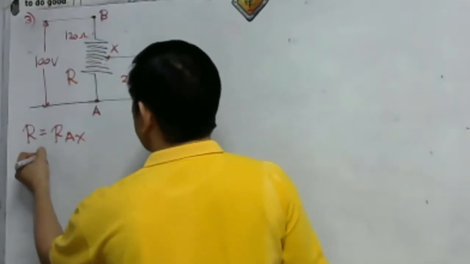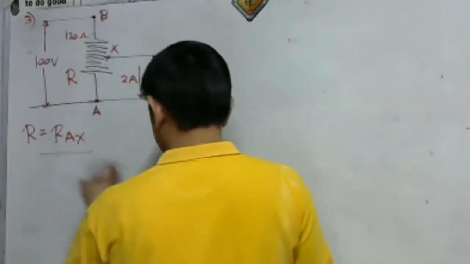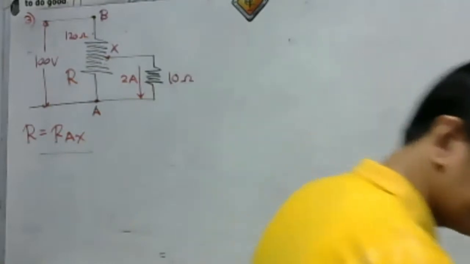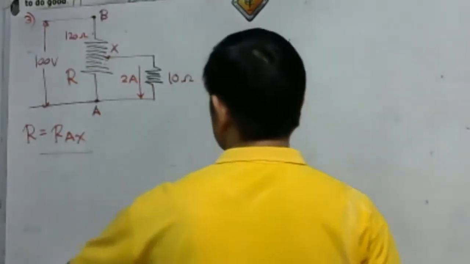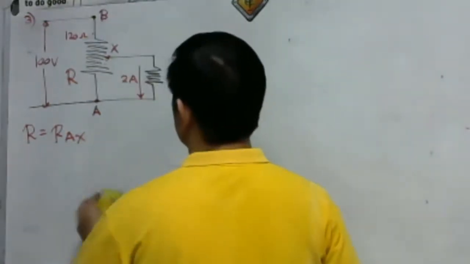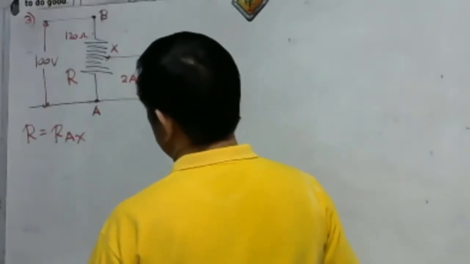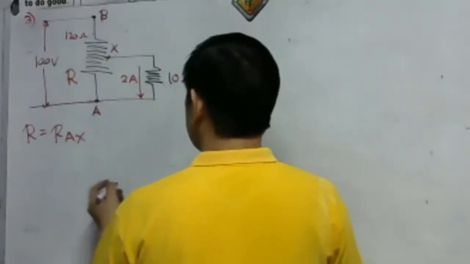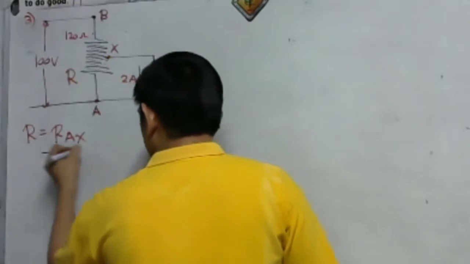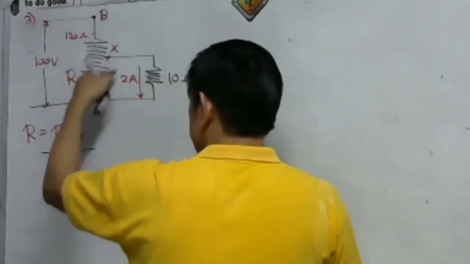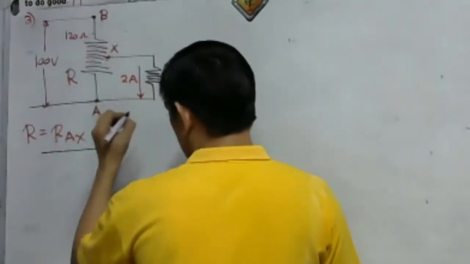So we have here, just like what we did before, let us break down this potential divider into two.